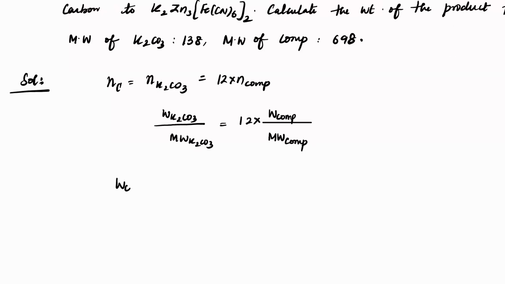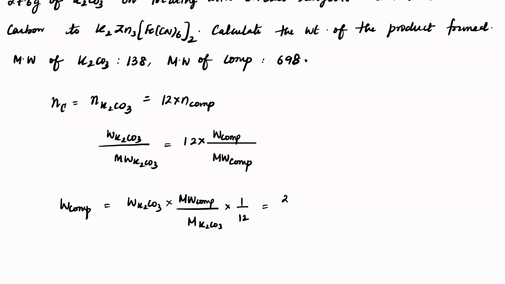So from here I can write the weight of the complex is equal to weight of K2CO3 into molecular weight of complex upon molecular weight of K2CO3 into 1 by 12. So weight in this case is given as 27.6. Molar mass here is 698 upon molar mass here is 138 into 1 by 12. After calculating, I'm getting it as 11.6 grams.